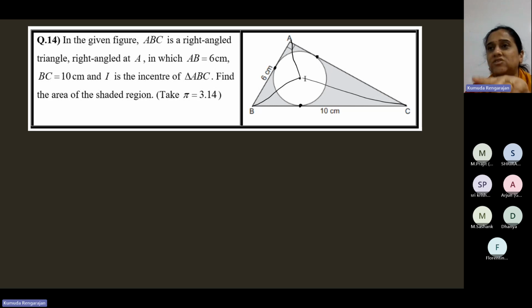These are the points where the tangents meet the circle. We connect the incenter to the points of contact. The radius and tangent at the point of contact are perpendicular to each other.